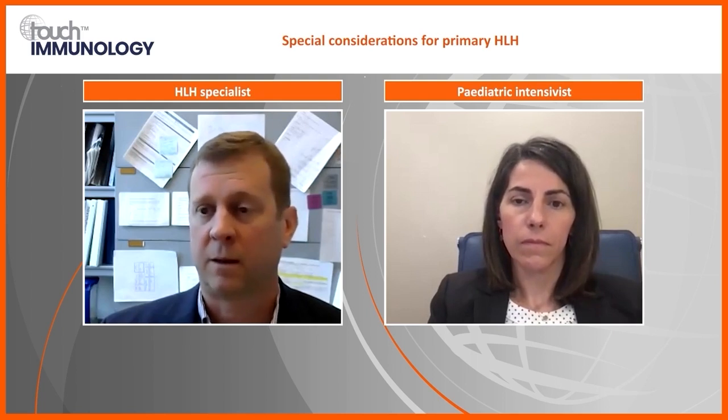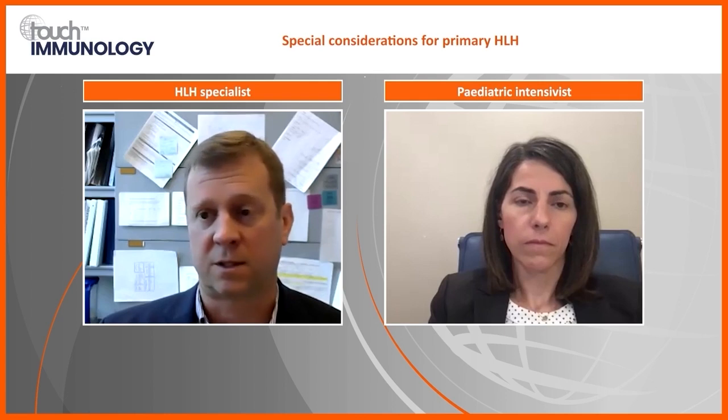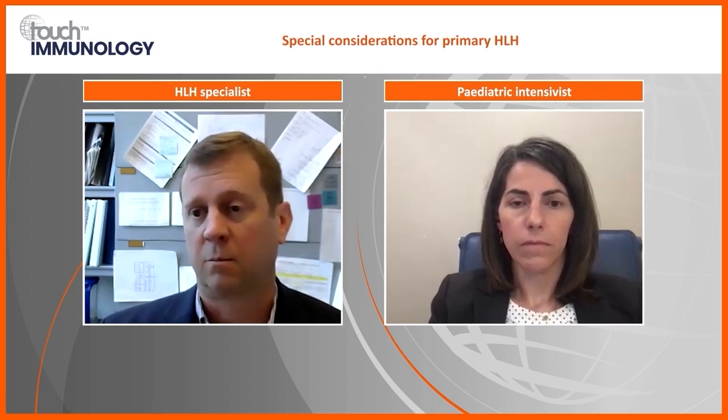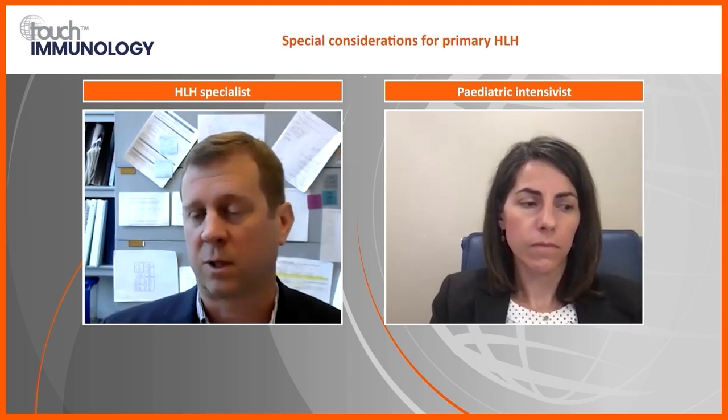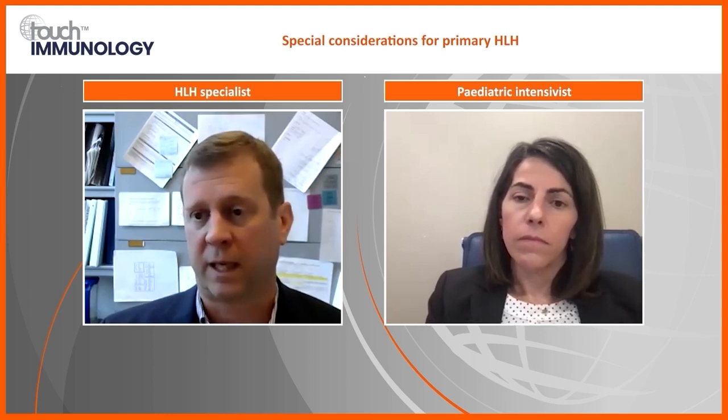While we don't know what the true denominator is, in other words, we don't really know what to expect in patients that have to move on to second line therapy because that's never really been published in other contexts, our clinical experience suggests that the outcomes are relatively poor. So addition of emapalumab does seem to be a very useful agent.